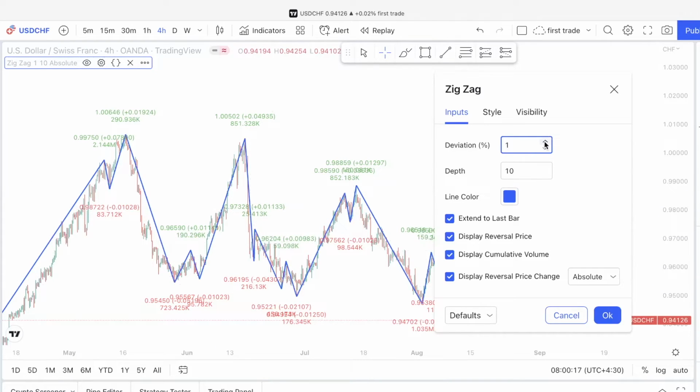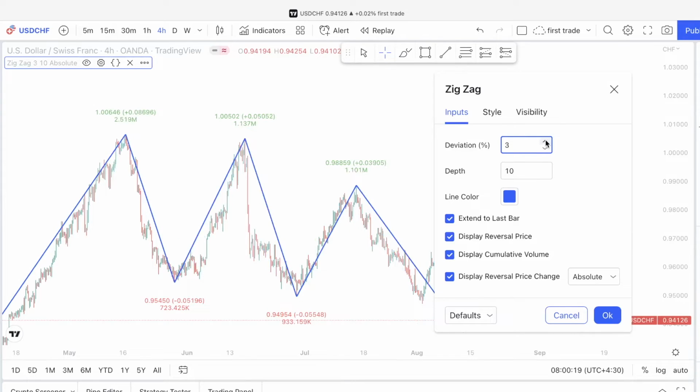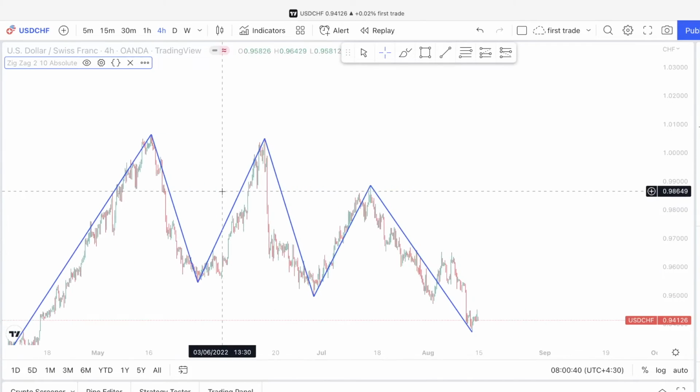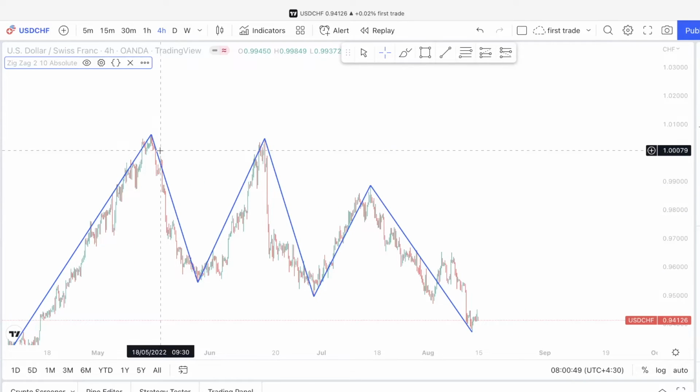And when I increase the number, it's getting more general. I'm usually comfortable with 2%, and let me just remove these numbers here, the levels. Okay, alright, as you can see, this indicator shows me all the main waves on the chart.